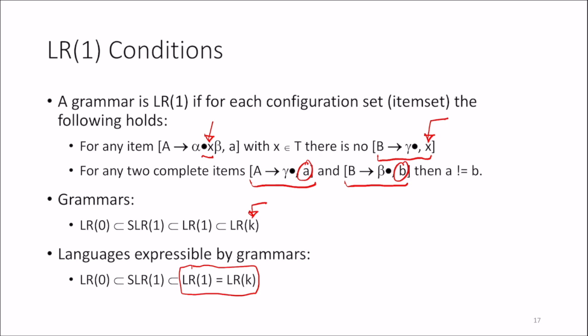So the proof of that is, of course, outside the scope of this class, but it's a nice, elegant result about these deterministic grammars. And it's interesting that adding more look ahead doesn't make your formalism, what you're using to describe the syntax of a programming language, more expressive.